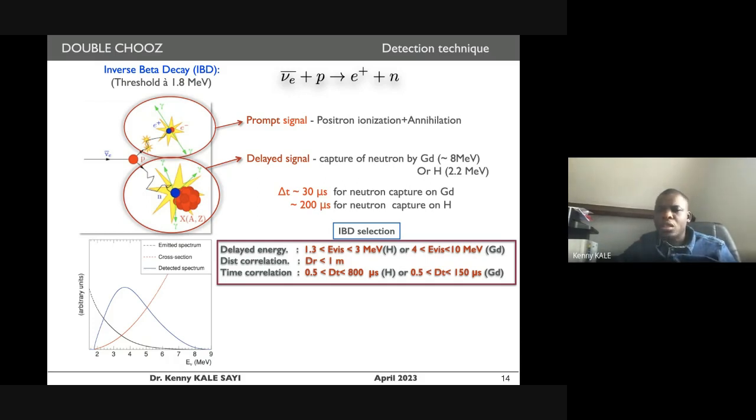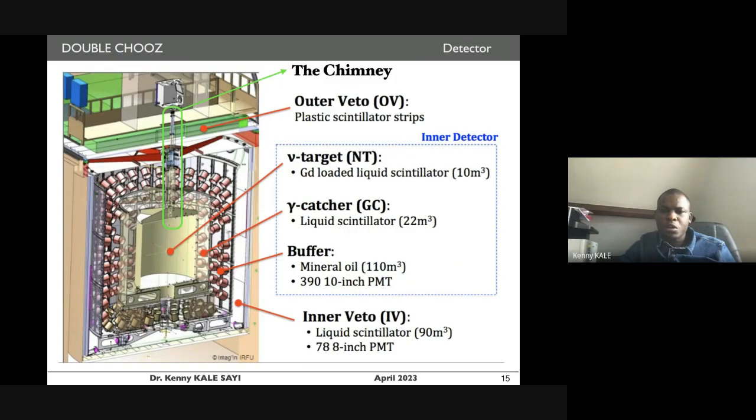The e+ is the first one to be detected; we call it the prompt signal. The neutron is the second one to be detected, and we call it the delayed signal. These two coincident particles form the signature of a neutrino interaction. This is what we do in our experiments.